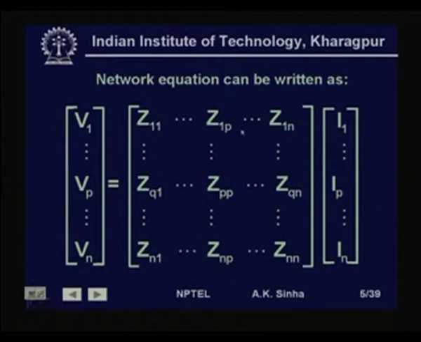So, V1 will be Z1p into Ip, V2 will be Z2p into Ip, Vp will be equal to Zpp into Ip, and similarly Vn will be equal to Znp into Ip.